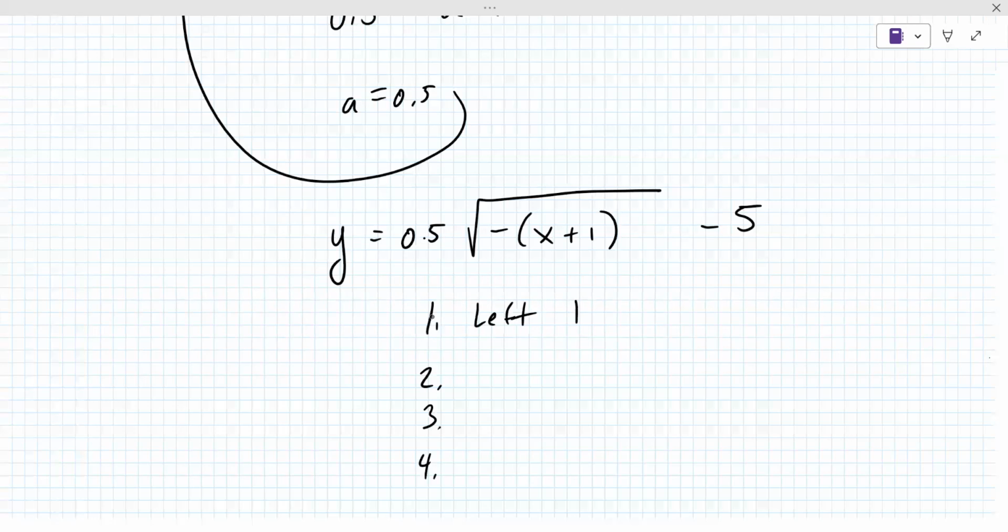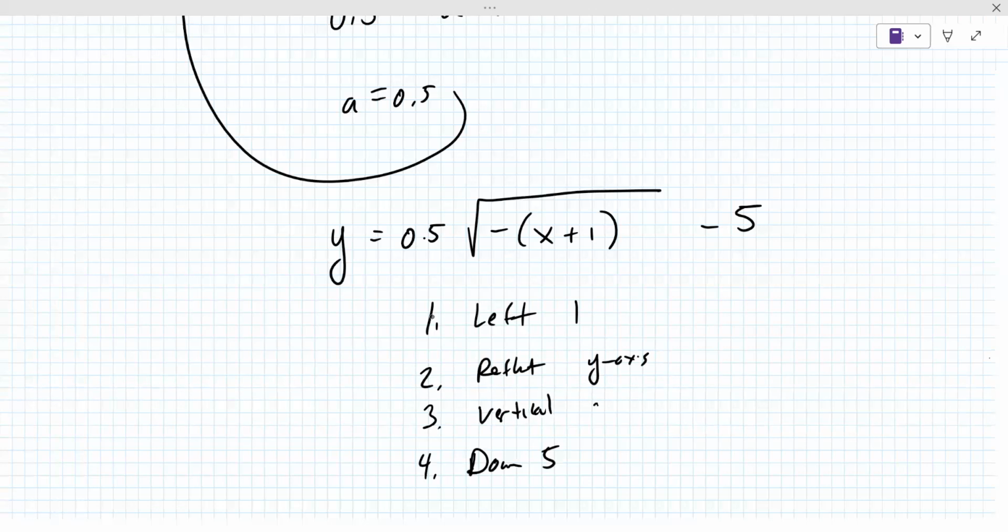You have to do it in the right order, of course. Is that really -5? Yes, it was. Okay, and then reflect over the y-axis this time, and then vertical compress 0.5.